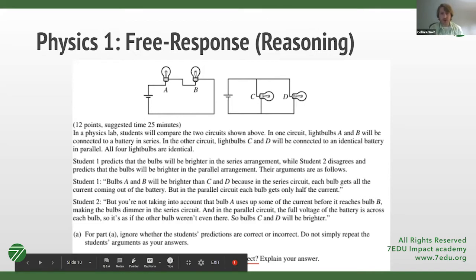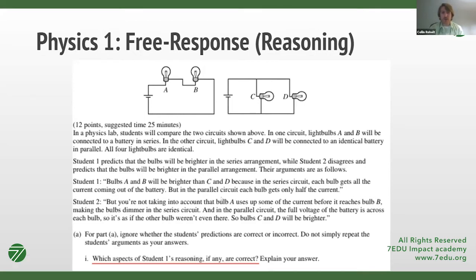So for example, on this one, we have a parallel circuit and a series circuit. And student 1 says, okay, bulbs A and B will be brighter than C and D because in a series circuit, each bulb gets all the current coming out of the battery, but in the parallel circuit, each bulb gets only half the current.